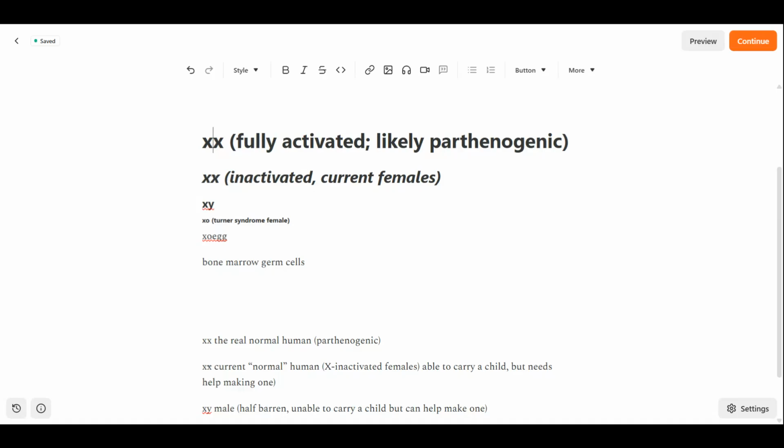So now, unless you have a paternal source X, you cannot make one of these. Unless your process has an X that is tagged paternal, you cannot make one of these, right?